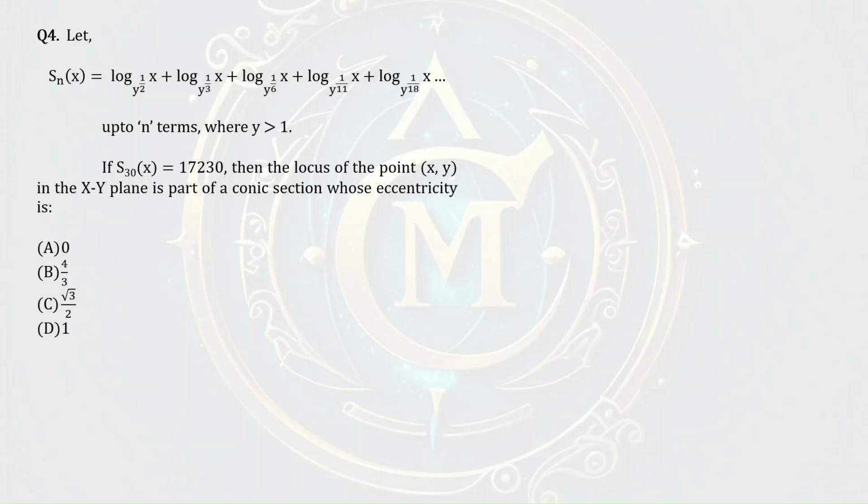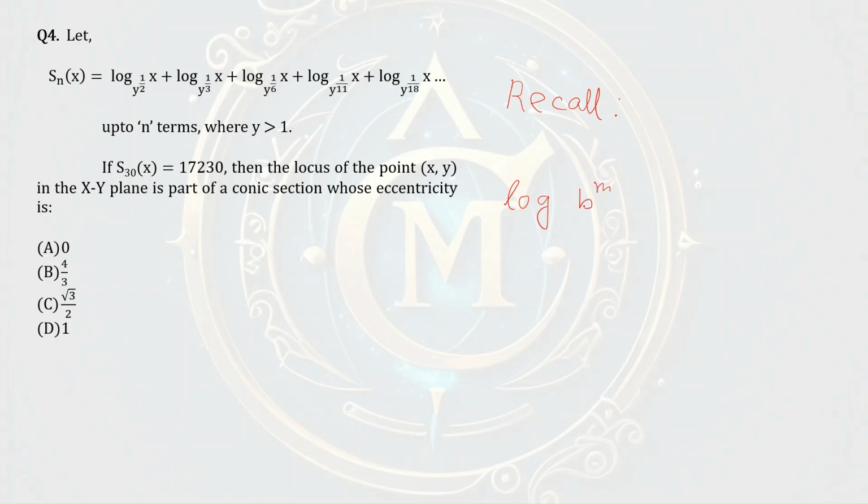Now here, if we carefully observe the given expression, we can easily detect the property of logarithm to be used here. Let us recall the property of log.